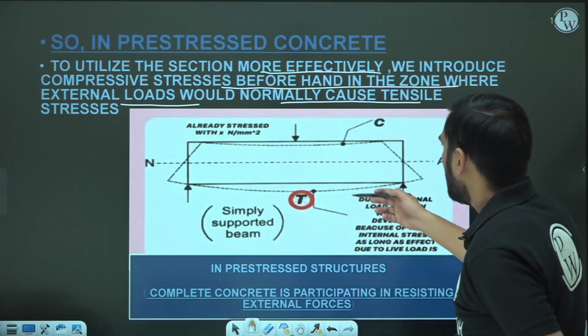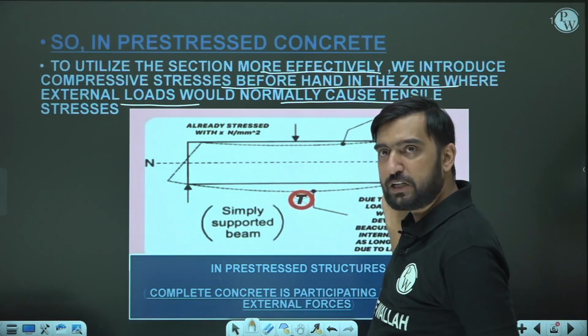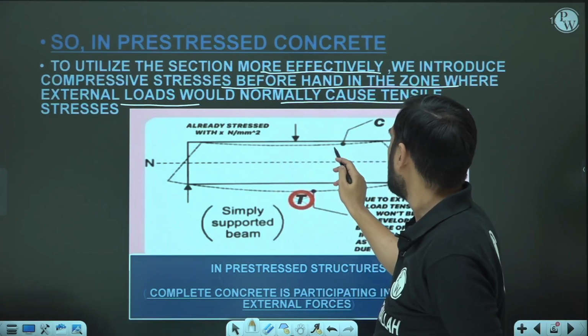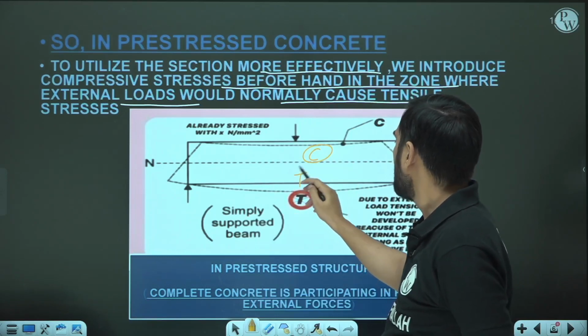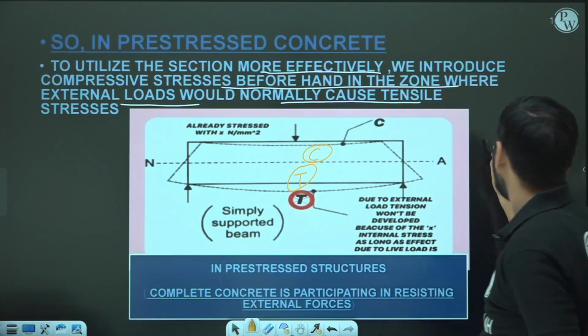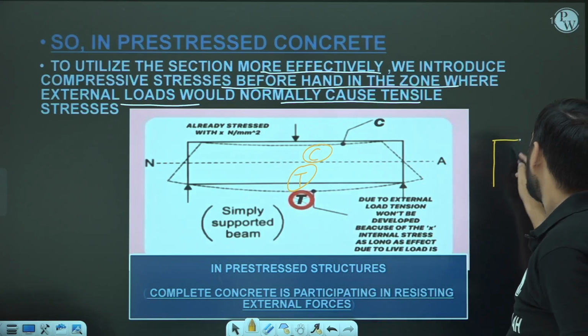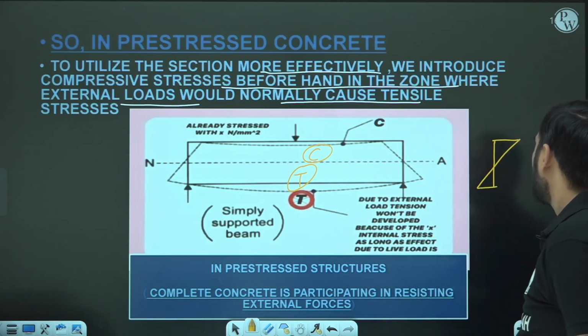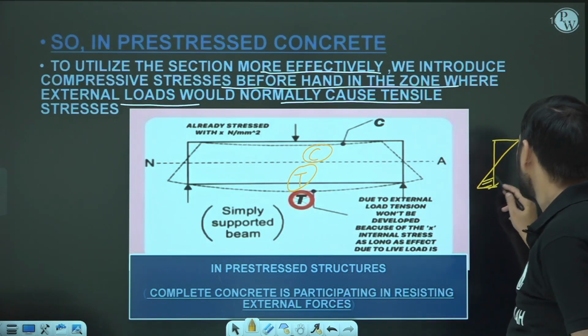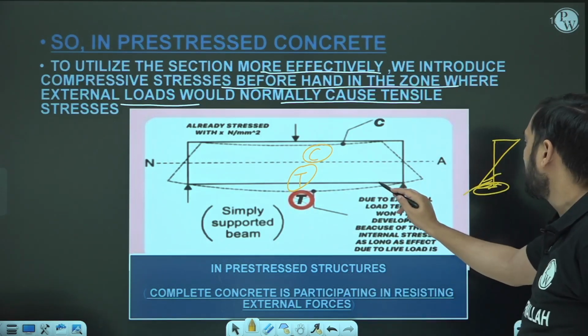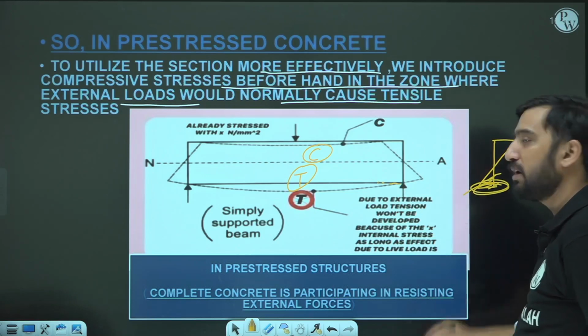You can see that if this beam is without pre-stressing, then this portion is under compression and this portion is under tension. Okay, so that was the problem. If I draw the stress diagram here, the diagram was like this, if I am talking about the linear distribution. So this is the tension zone. You can see this concrete is going to experience the maximum tensile stress.